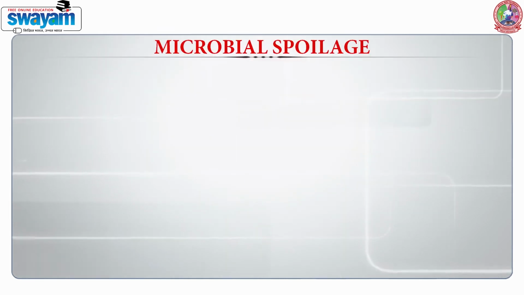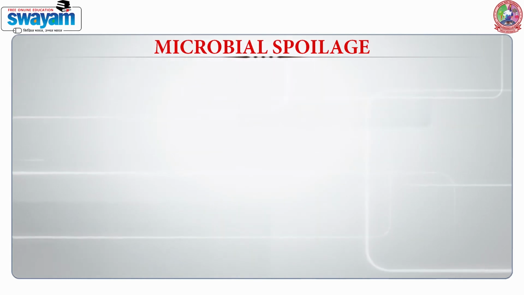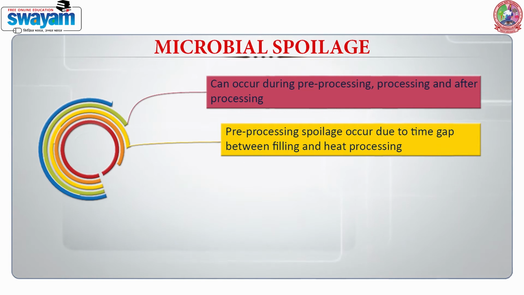There are certain spoilages which can be attributed to the activities of microorganisms, and these are collectively known as microbial spoilage. This type of spoilage can occur during different stages such as pre-processing, processing and after processing. First, let us know what pre-processing spoilage is.